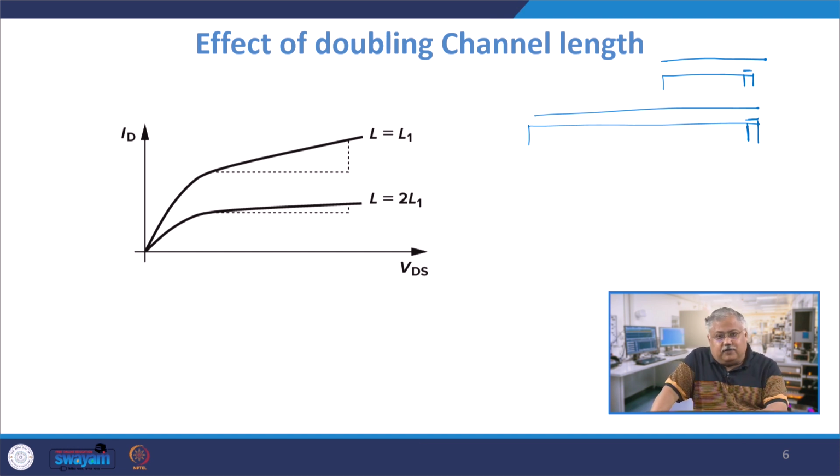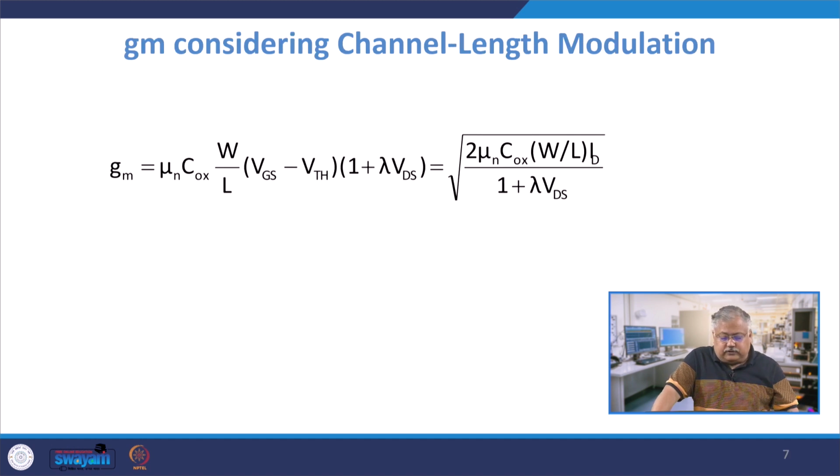So this is the effect of doubling the channel length. So the reverse is true. As you reduce the channel length, CLM is higher and your resistance actually goes down, right? So resistance is a function not only of the applied gate bias but also of the dimension of the channel length.